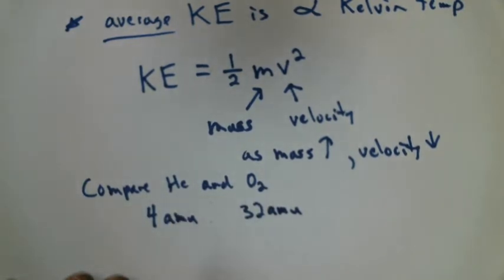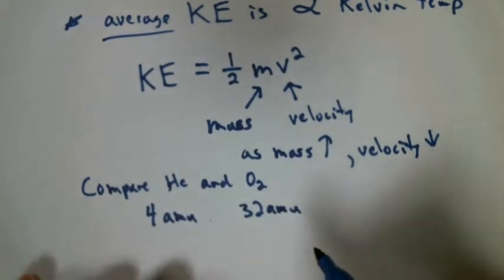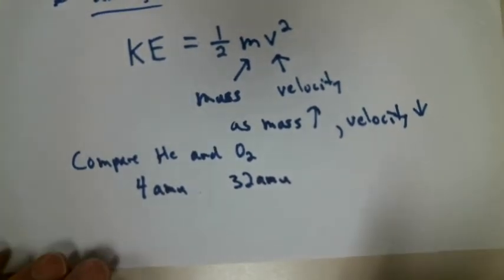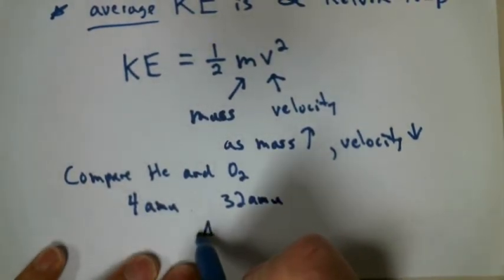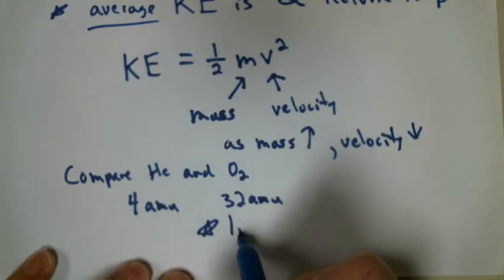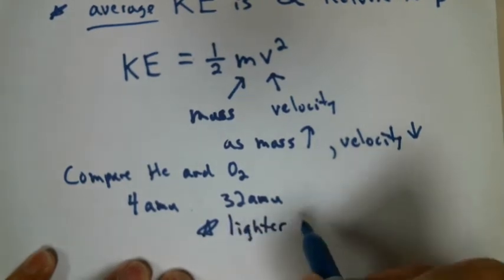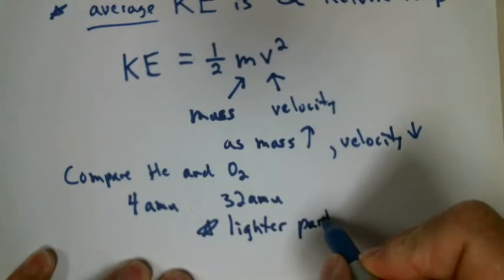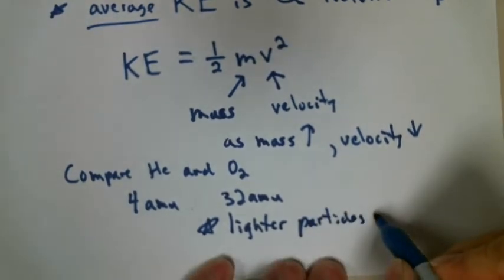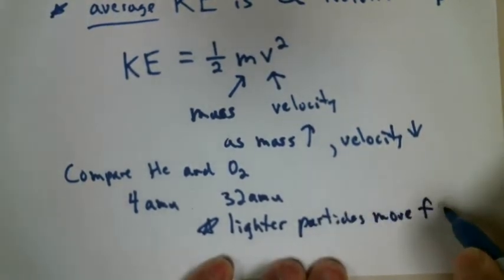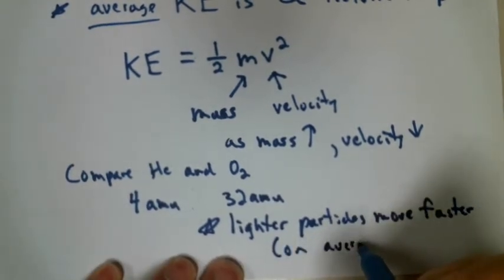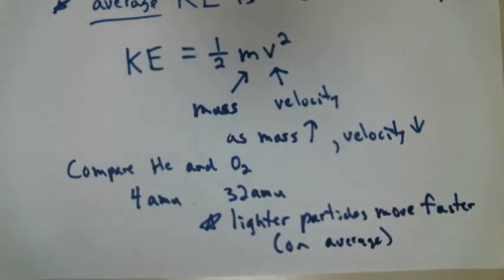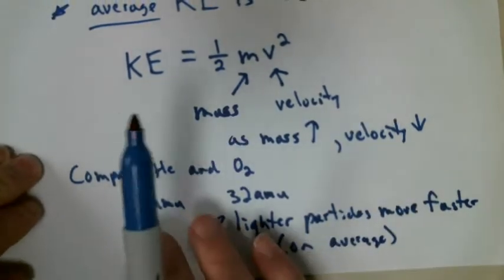Helium's going to be moving a lot faster. So just, this is on average, right? Because there's still a distribution that we'll talk about in a second. But we just want to remember, even separate from our understanding of it, that lighter particles move faster on average.